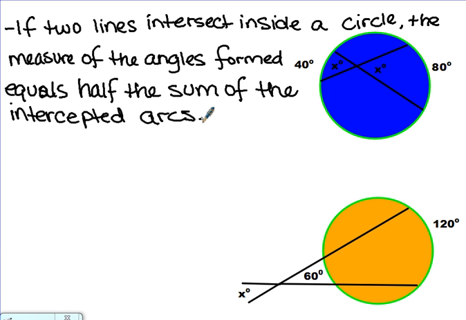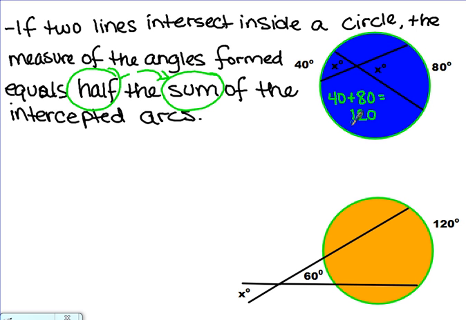If we look at our example circle over here, the intersected arcs that we have are 80 and 40. So we're going to find the sum, which means we add 40 plus 80, and that sum is equal to 120. Now, in order to find those angles, it's half that sum.